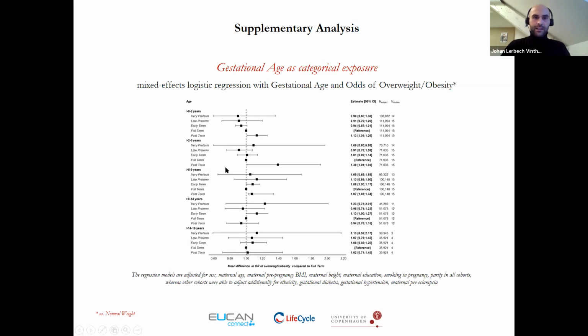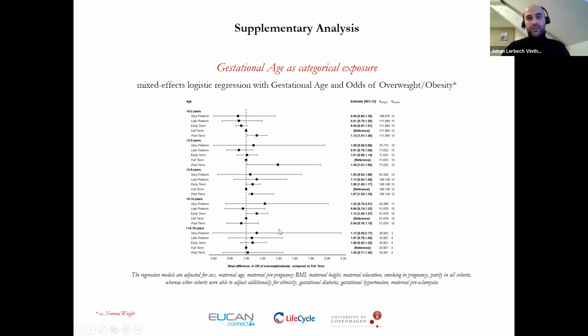in late childhood and in adolescence, actually, although wide confidence intervals show this uncertainty, it seems like being born preterm actually increases the odds of being overweight and obese already from late childhood, being the case for those born very early, but also those born late and early term compared to full term.